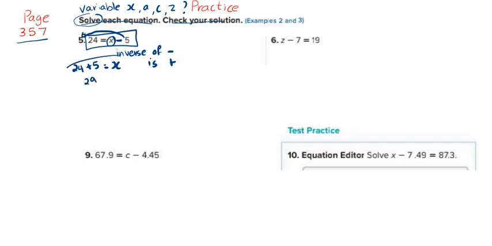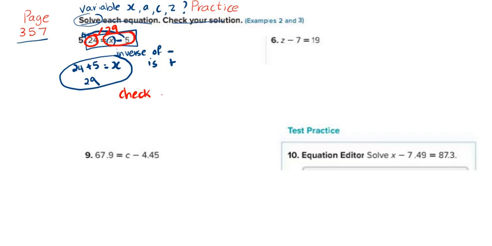Let's now check, is this answer correct? We're going to go back to the equation, and remember the equation said x minus 5. In place of the x, I'm going to put the 29, and I'm going to check, does 29 minus 5 equal 24? If it does, that means it's correct. So 29 minus 5, yes, it is equal to 24.